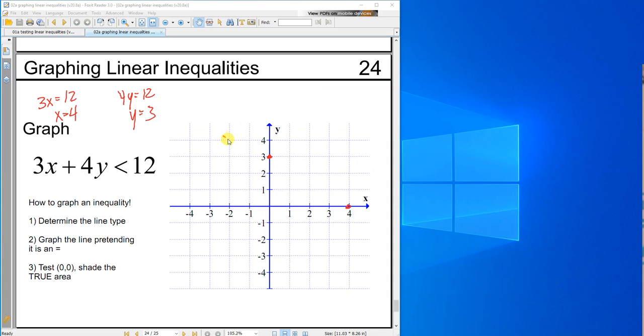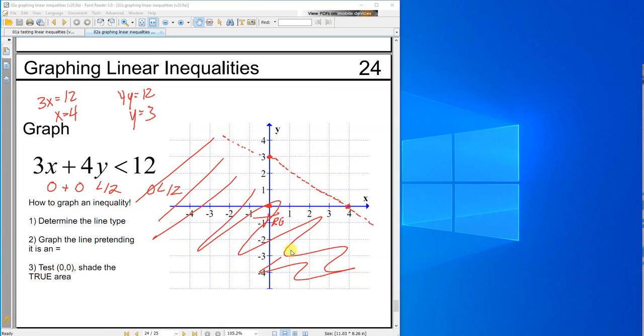Dashed line between it. Let's test 0, 0 and see if it's true or false. 0 plus 0 is less than 12. 0 is less than 12. That's true, which means everything under the line is also true. Everything over here, that's the solution area.